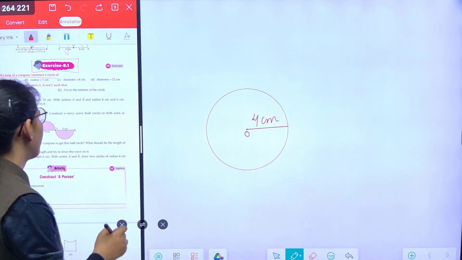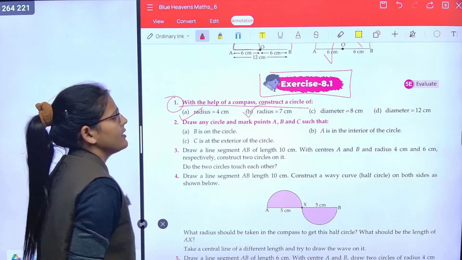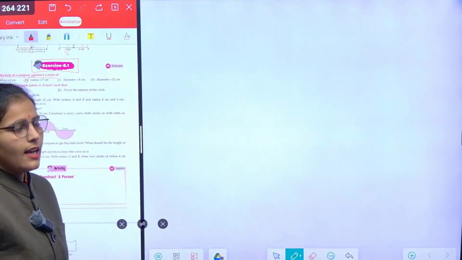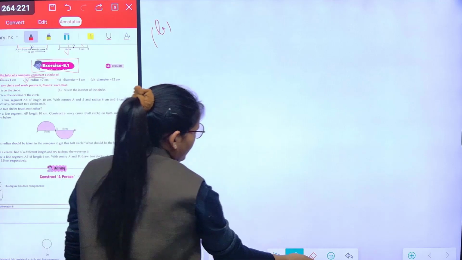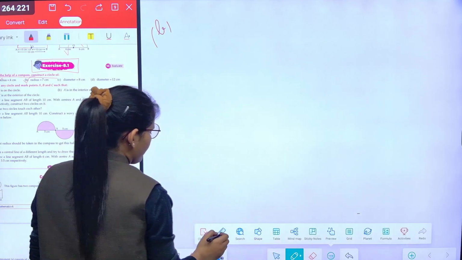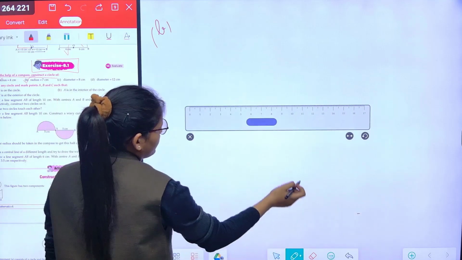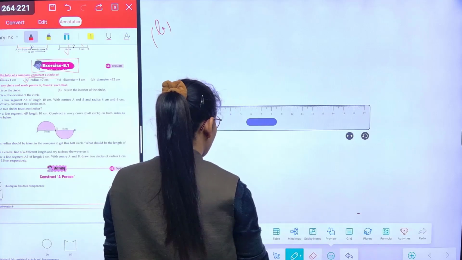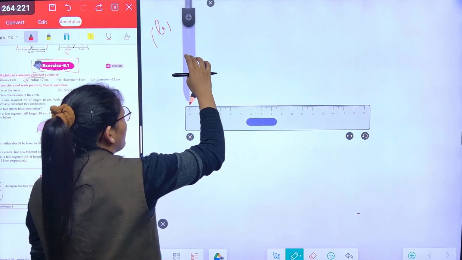Understand class? Now class, come on B part, that is radius is equal to 7 centimeter. Take a scale, take a ruler and compass also, and put the needle at the 0.